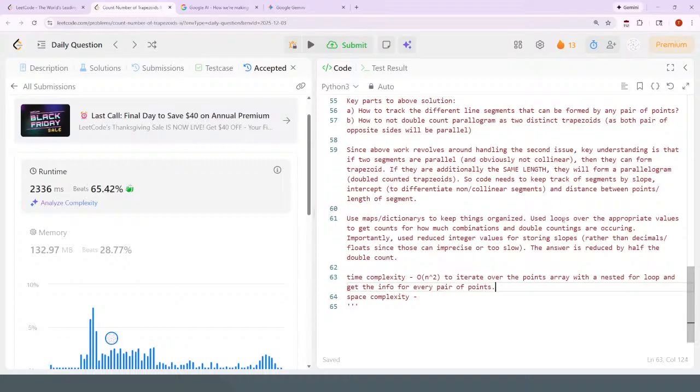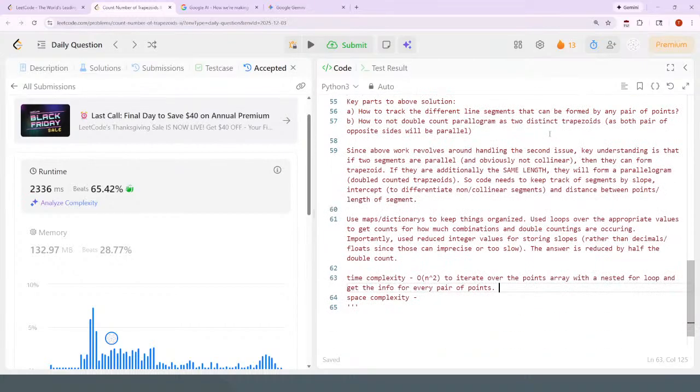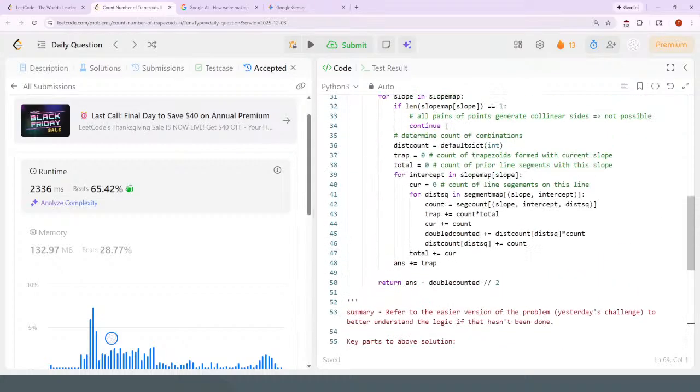And then the calculation for the number of trapezoids will also iterate over dictionaries and maps with the same complexity. Okay, it should be slightly faster, but overall, in the worst case, the same complexity.